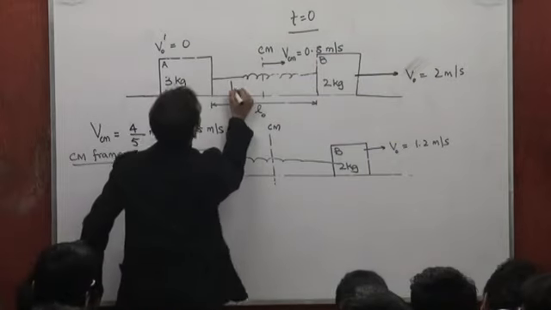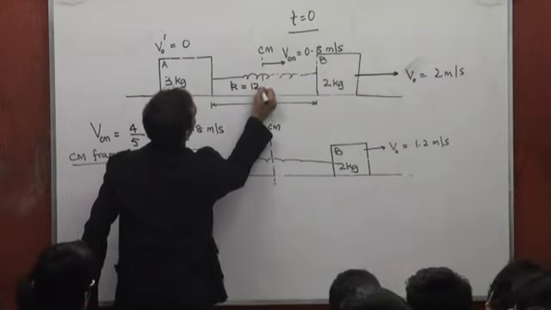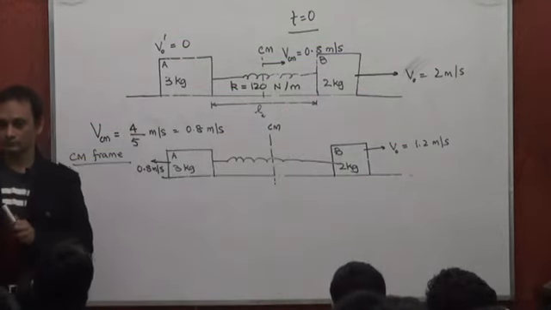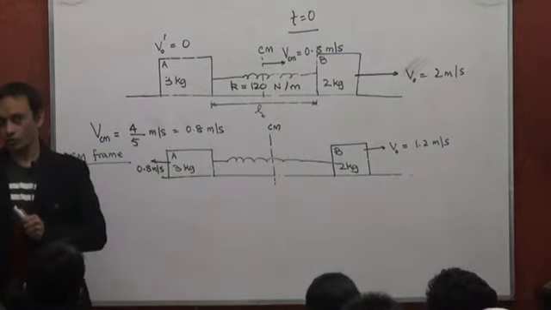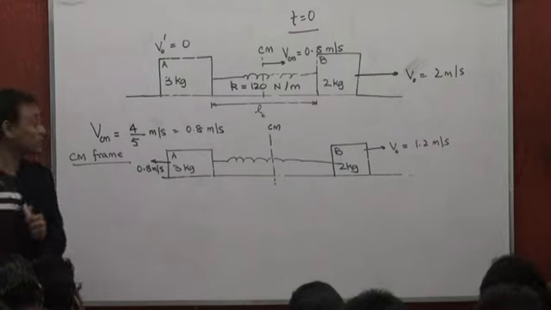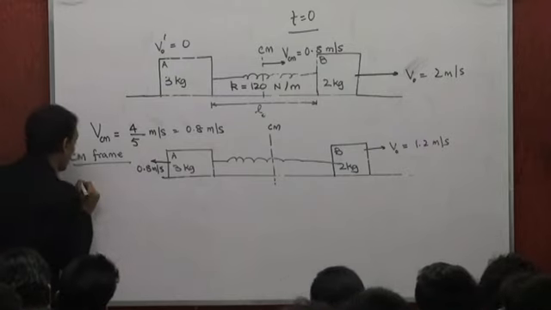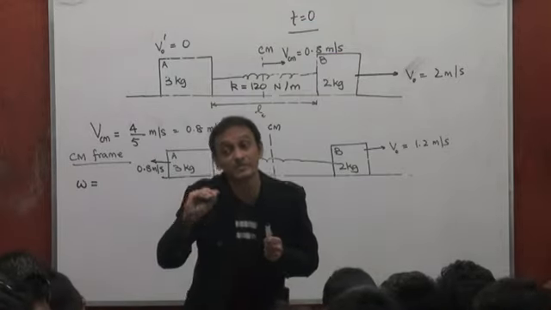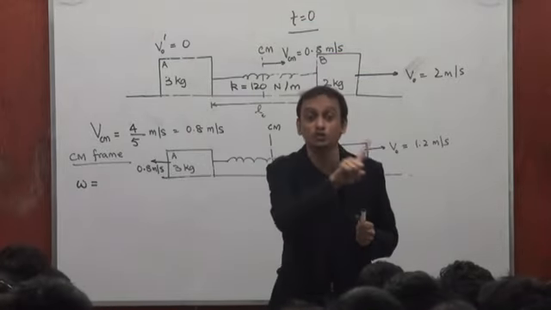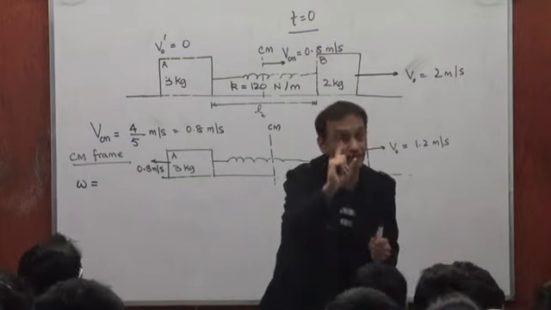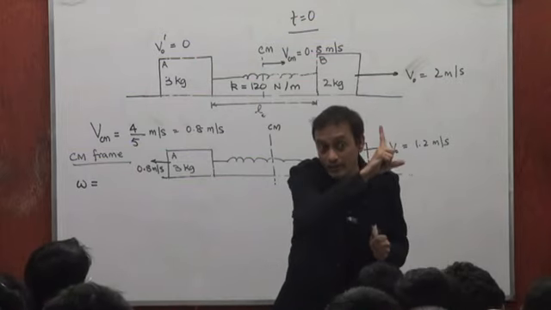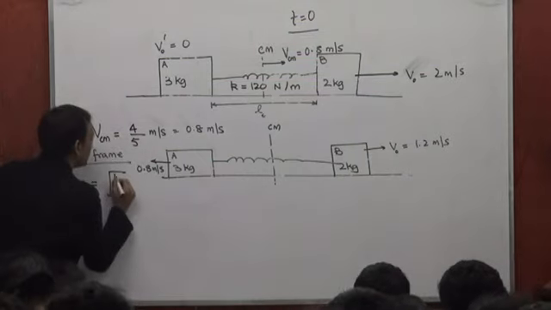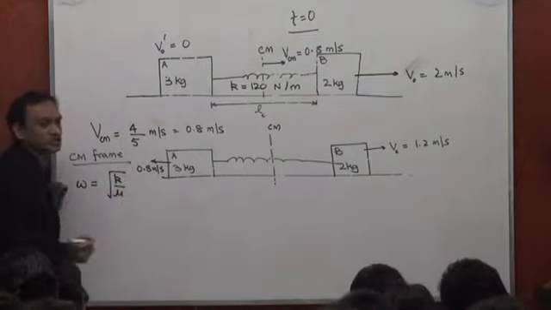Let's say K of the spring is 120 Newton per meter. So the omega of oscillation, because omega is only in as far as the center of mass frame is concerned. It's going to execute simple harmonic motion in the center of mass frame, only in the center of mass frame, with omega equal to root K divided by mu, the reduced mass of the system.